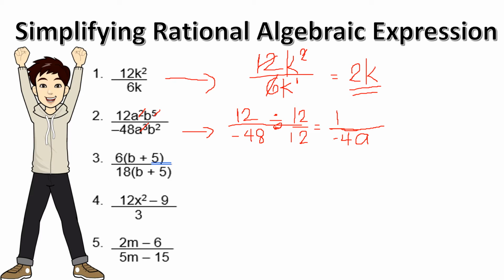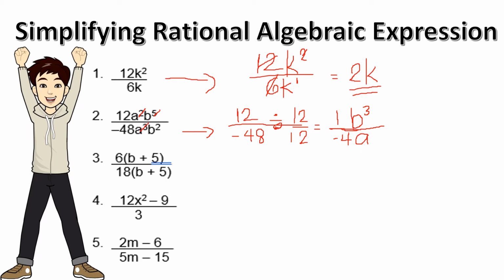So subtract natin 5 minus 2. The answer is 3. Positive yung exponent kaya sa taas. b cubed. Susulat natin. Then sa letter A natin, a squared divided by a cubed. So we have 2 minus 3. The answer is negative 1. Pag negative yung exponent, isusulat natin sa denominator para ang maging expression niya ay positive.